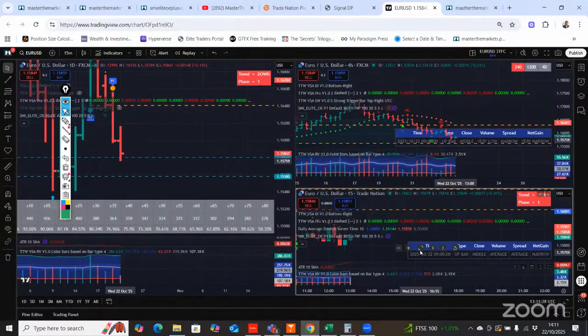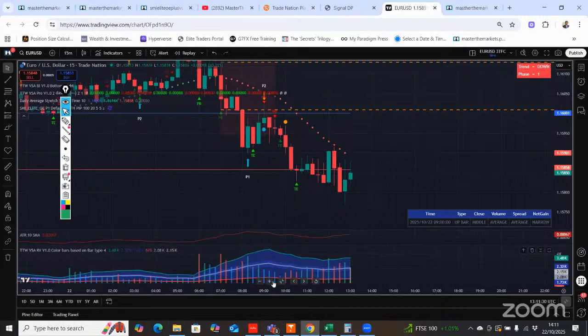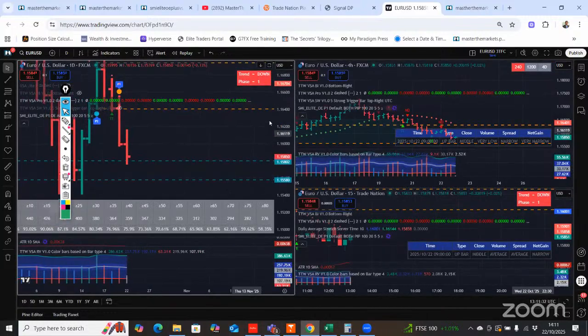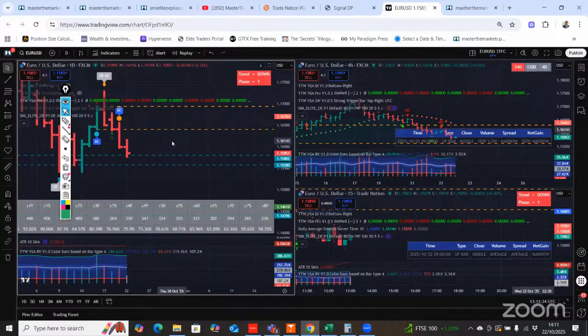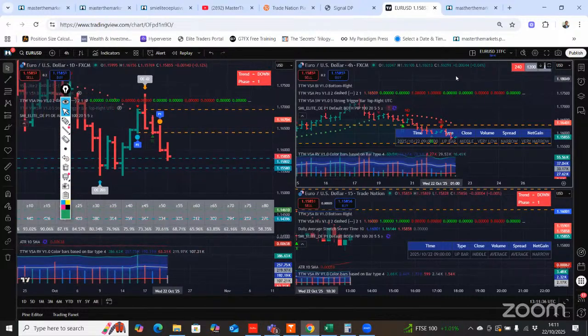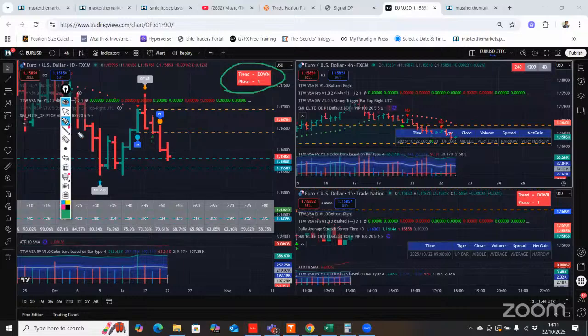So on euro dollar, when I took a look at the different time frames here with their trend and across the different time frames, the time frame correlation, I saw that according to our smart money indicator, it was a downtrend here on the daily time frame.